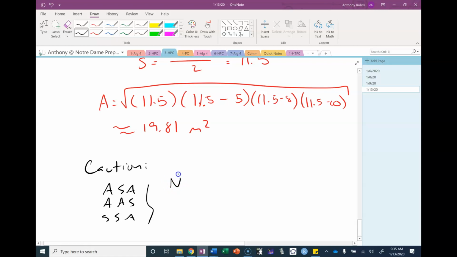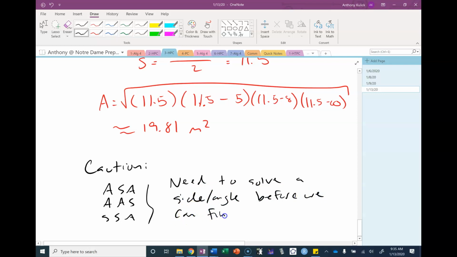So we'll need to either solve a side or angle. In those situations where it doesn't look like you have enough information to use the formula, you're just going to have to use a law of sines or cosines first to solve for one of the other pieces that you would need to use the formula that you desire.